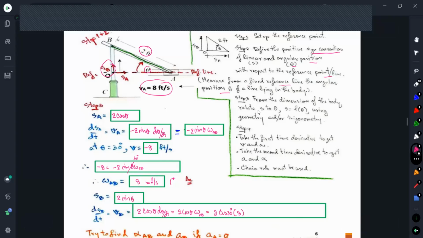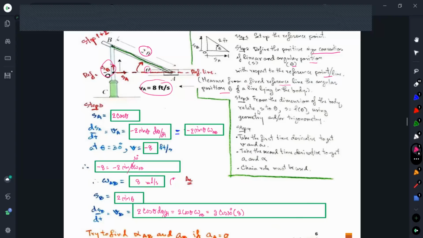For the absolute motion analysis, in my opinion it's more straightforward than the relative motion analysis because it follows the right hand rule and the consistent positive sign convention that we already set up.